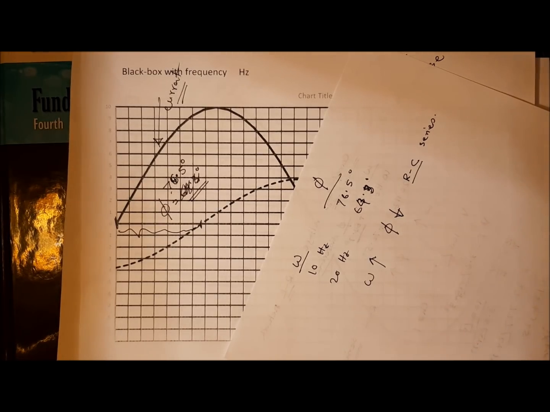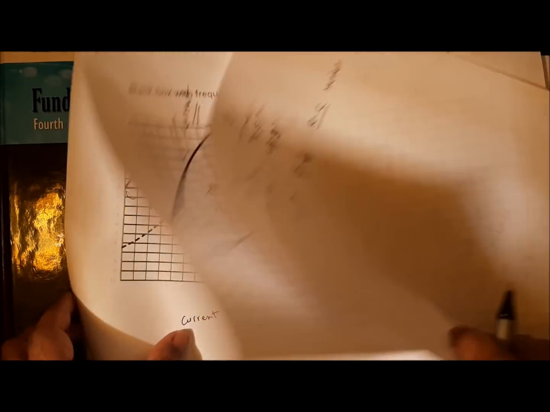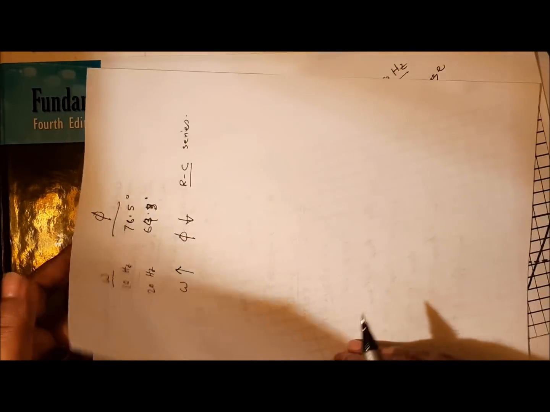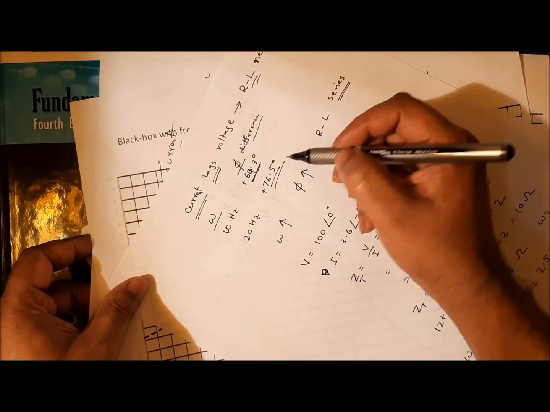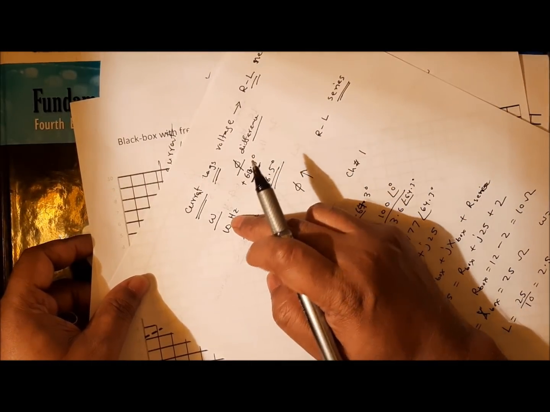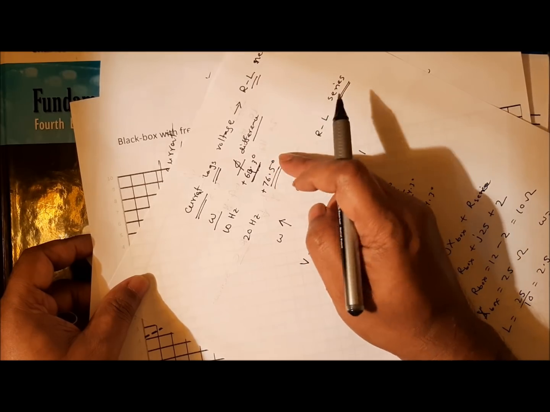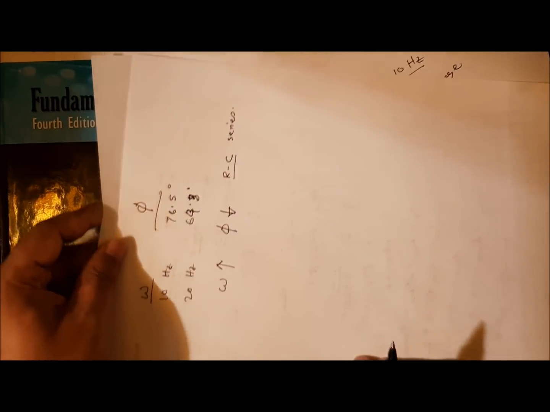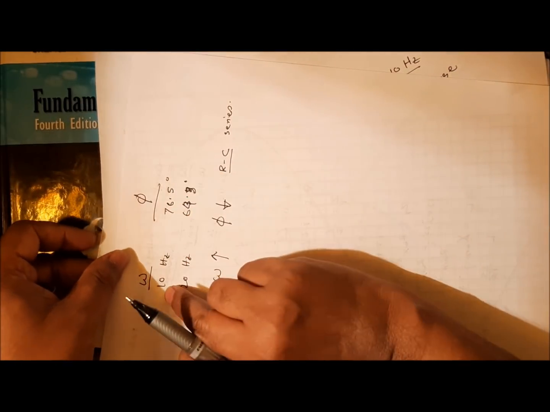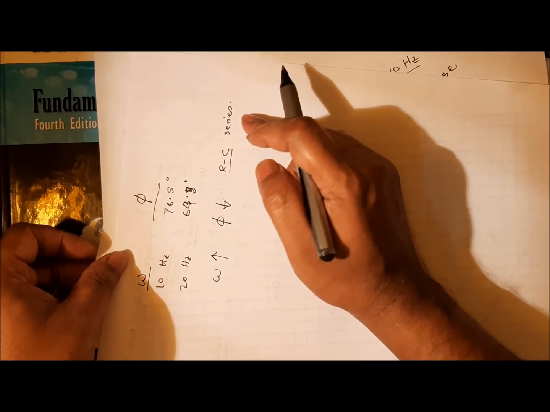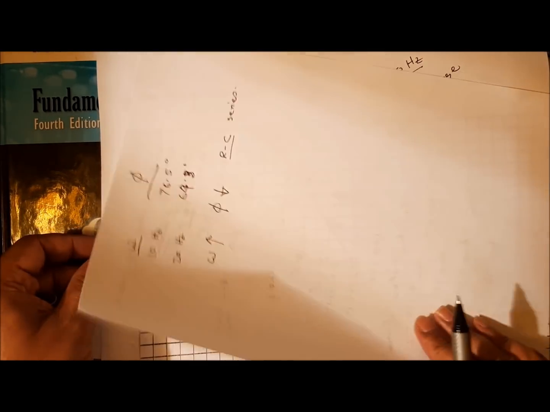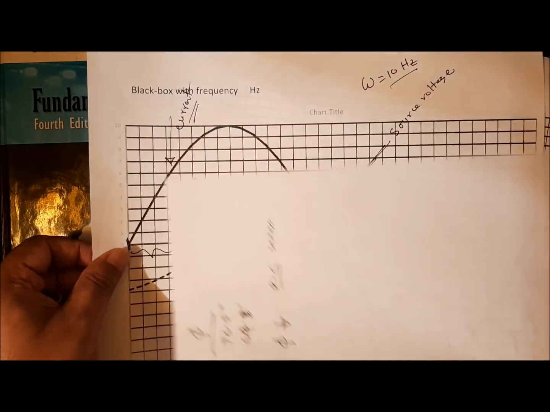Before, for the RL circuit, the difference was 64 to 76. At 10 it was 64, now it is 76. Now here 76 was for 10 hertz and it becomes 64 for 20 hertz. So it is an RC series.